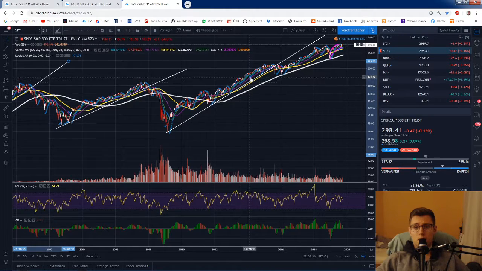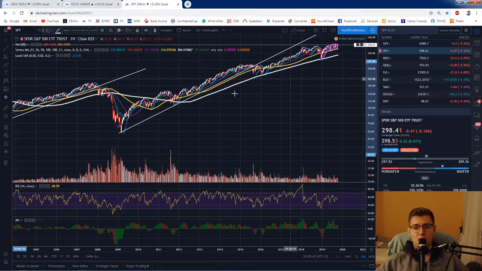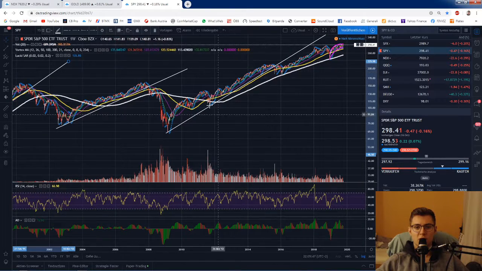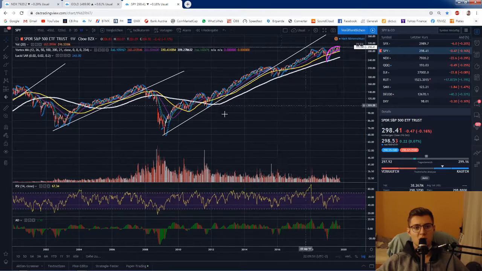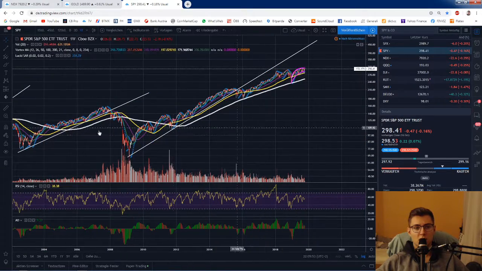So we are now again around the 100 weekly moving average. We consolidated around it in 2015, where a crash could have been expected. The trend line also broke at that time, and we didn't go above it like we did right here.